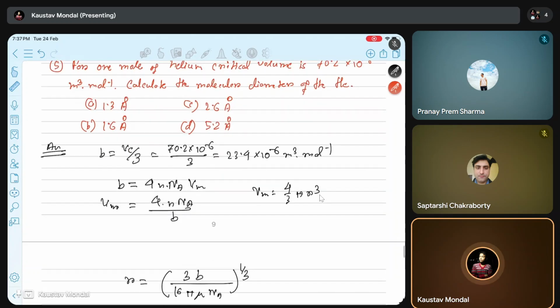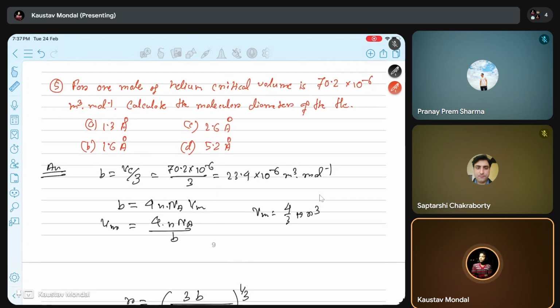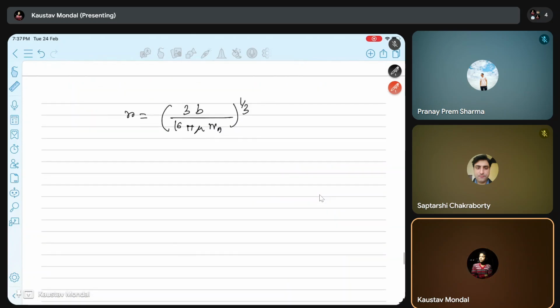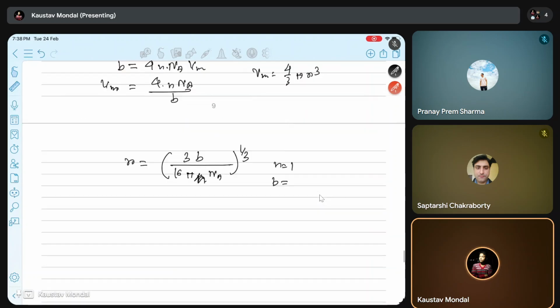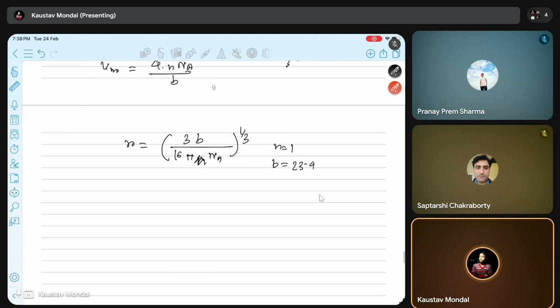Now everything is mentioned here. The critical volume is mentioned, it's for 1 mole, so this n is 1. b we know, I've calculated, 23.4 into 10 to the power minus 6.